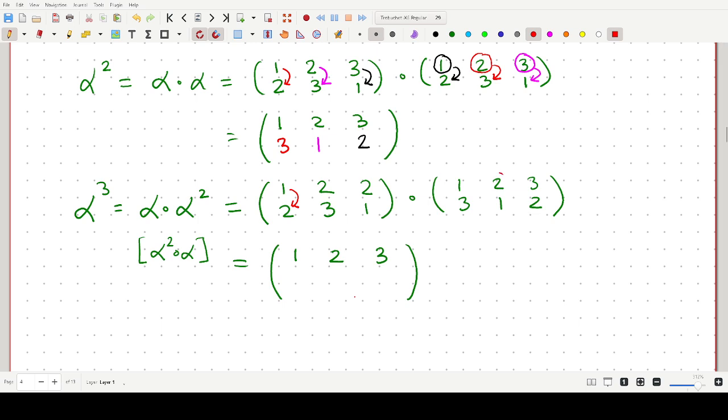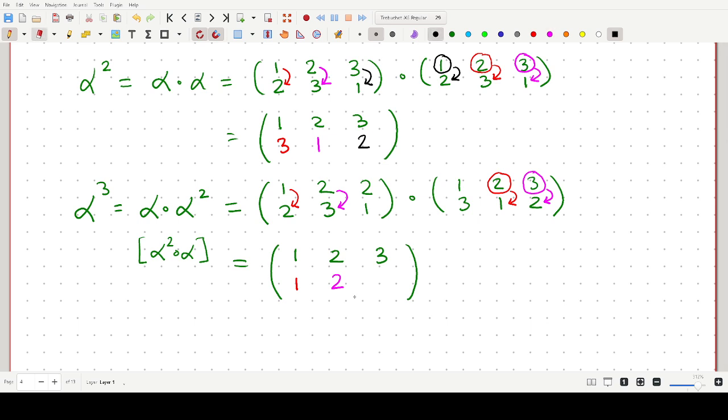In alpha square, however, the 2 is taken to 1. So 1 goes to 1. The second position is transformed to the third position in alpha, whereas the third position is moved to the second position in alpha to the power 2. Hence, the second position goes to the second position.